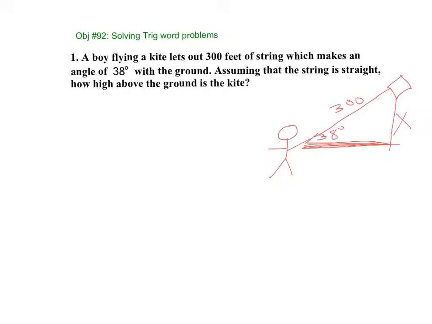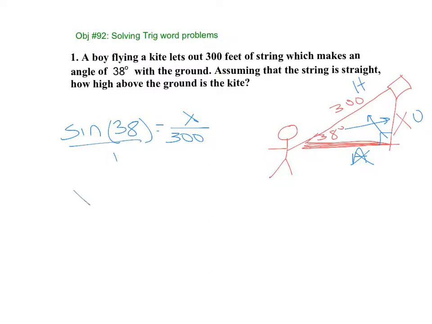Just like every other problem, we're going to label. We have our hypotenuse, our opposite, our adjacent. So this is sine, OH. Sine of 38 degrees equals opposite over hypotenuse. Once you draw the picture and label, it's really not that bad.